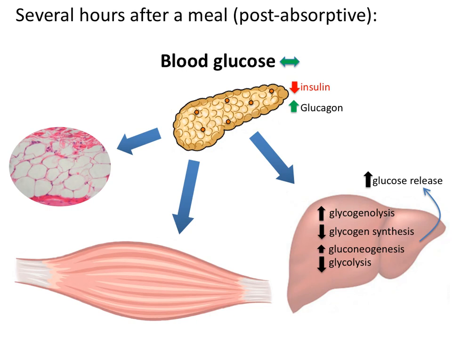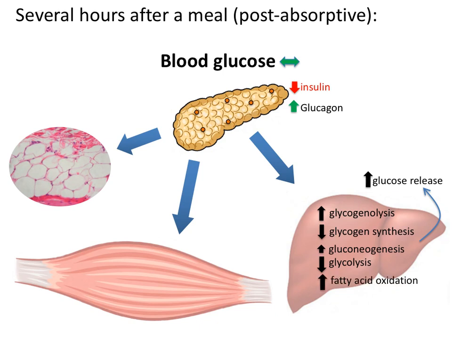This increases the breakdown of glycogen in the liver, decreases the synthesis of glycogen, and starts to activate gluconeogenesis, although there's not a whole lot of de novo glucose synthesis occurring yet, and glycolysis is inhibited under these conditions. This allows the liver to begin releasing glucose to maintain blood glucose in the body.